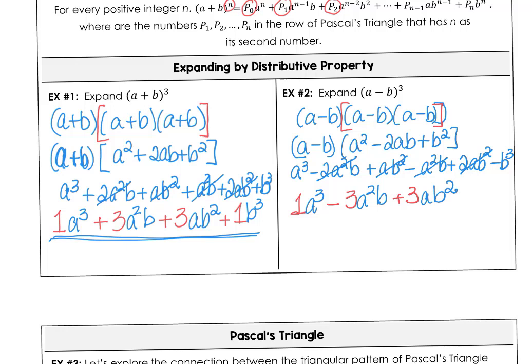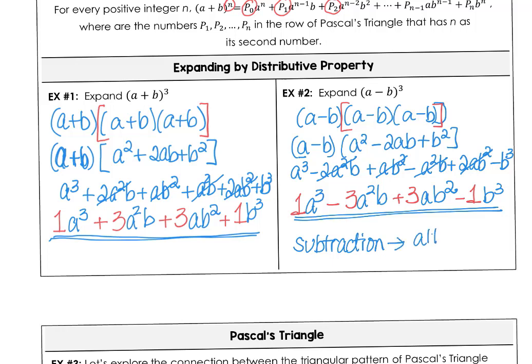And then finally, we're going to have 1 negative b cubed term. And here you should see the pattern that the 1, 3, 3, 1 is still there, but when my operation is subtraction in the binomial expansion, we're going to see that we have alternating signs in the row of Pascal's triangle based on subtraction.